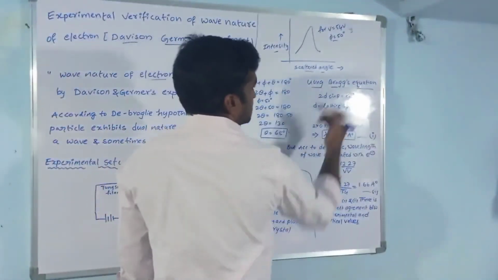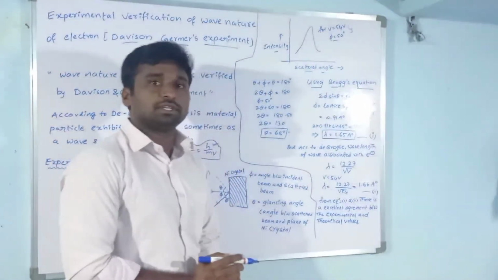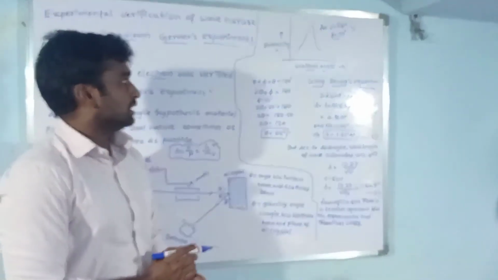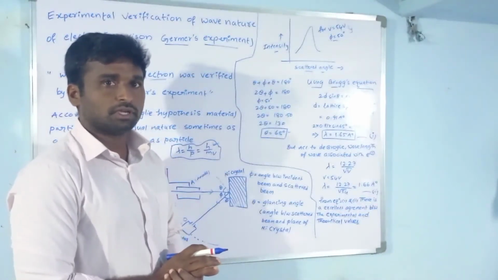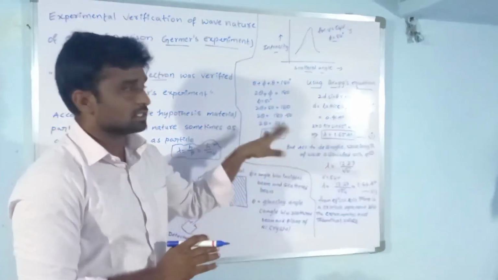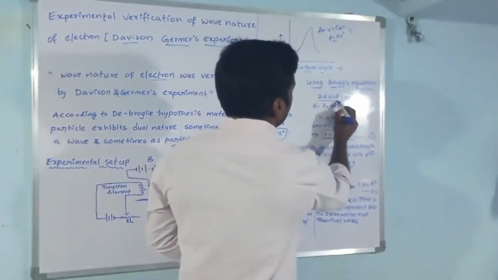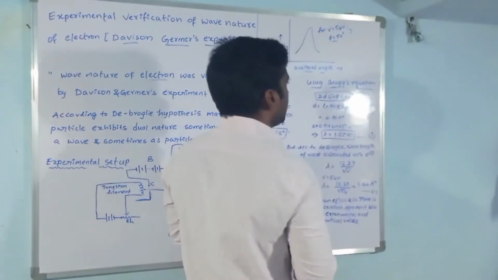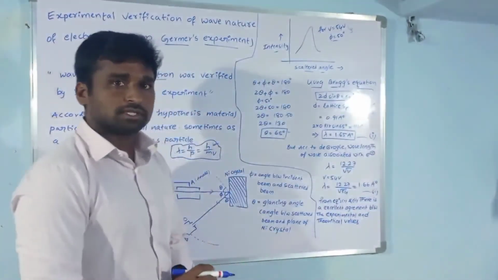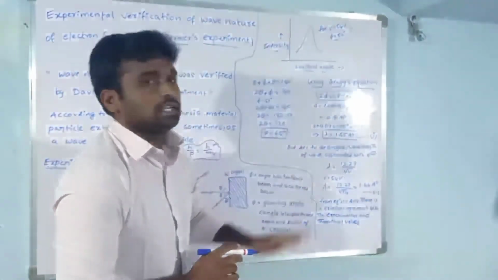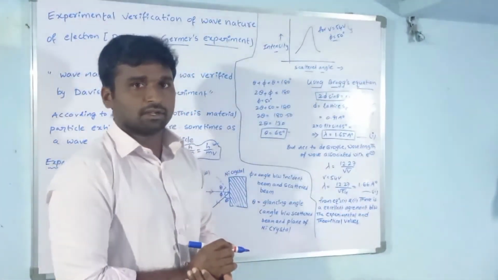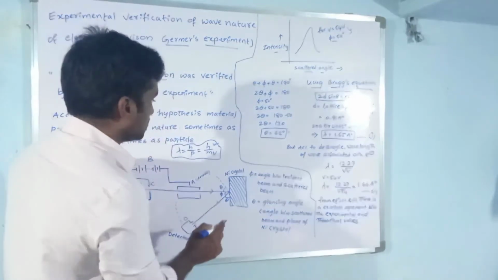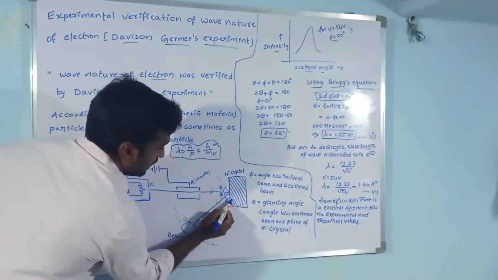So using Bragg's equation, what is Bragg's equation? This equation is used in crystals. We will study about this in higher studies. Bragg's equation is 2d sin theta equal to n lambda. So what is d? d is the lattice spacing in the nickel crystal.